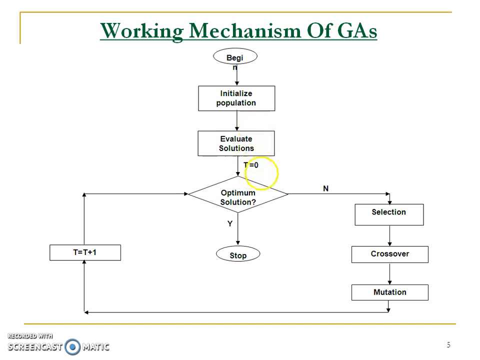Then the process is iterated. A pair of solutions is chosen and, using the pair, we perform crossover and mutation, and this results in two new chromosomes or two new solutions.